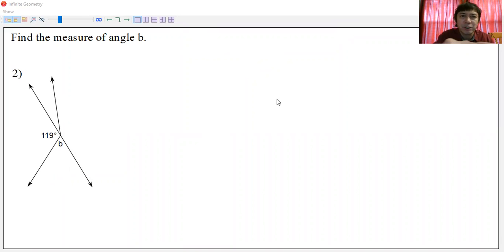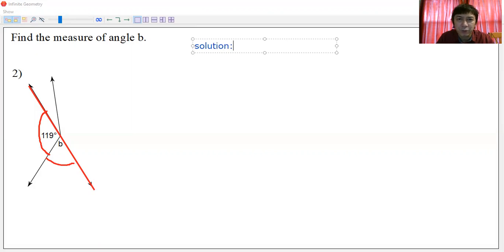You can see the straight line here, and we have the first angle added to the second angle. They form a straight line, or the total produces a straight angle. Therefore, our working equation will be the two angles added equals 180. So they are supplementary.